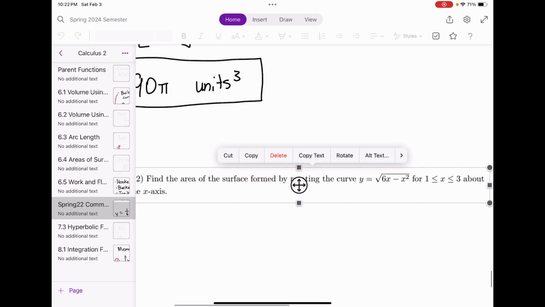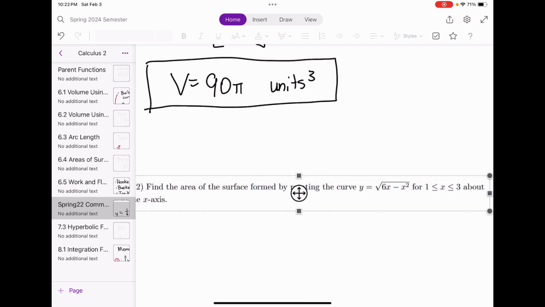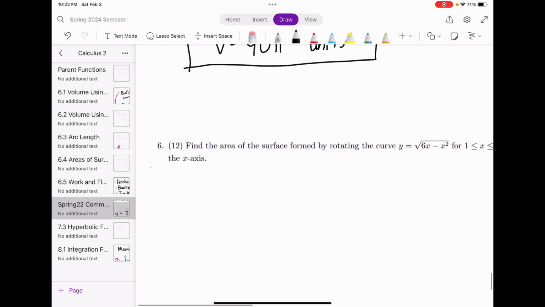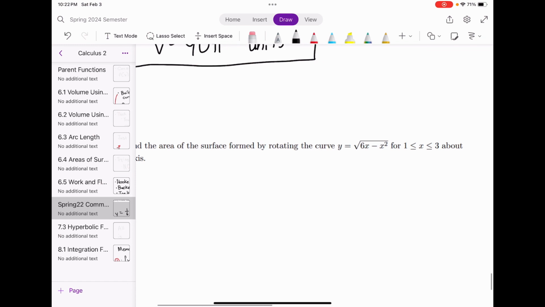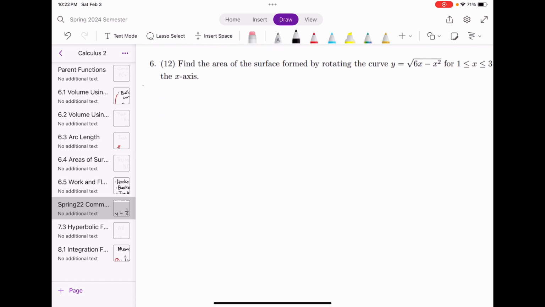Number 6. Here's a surface area problem now. Find the area of the surface formed by rotating the curve, and they gave us this curve, as well as the domain, around the x-axis. Okay. Pretty straightforward.